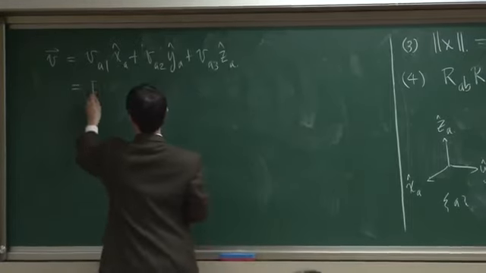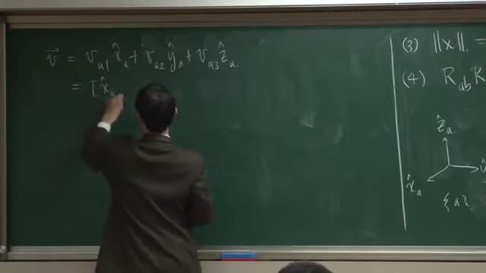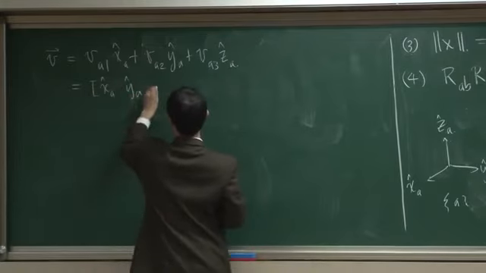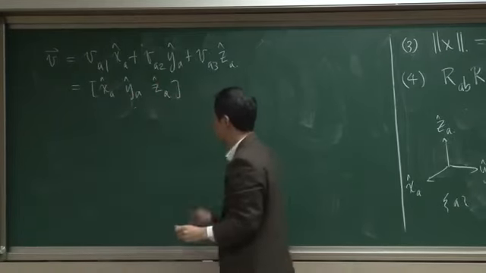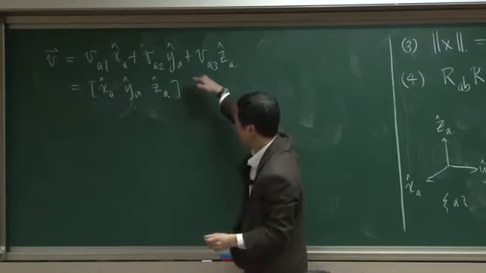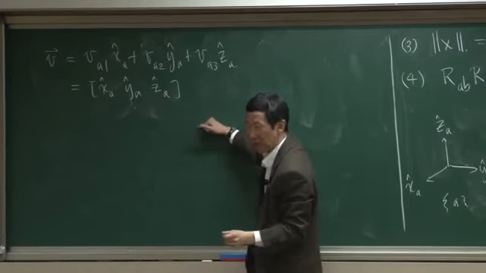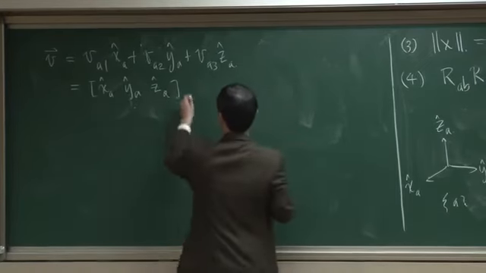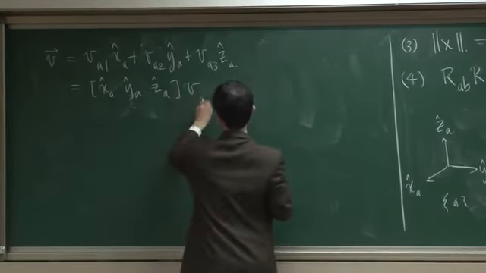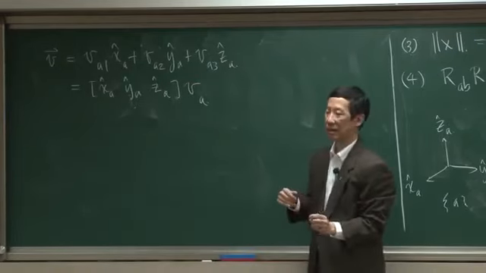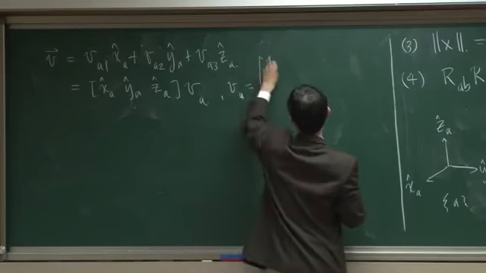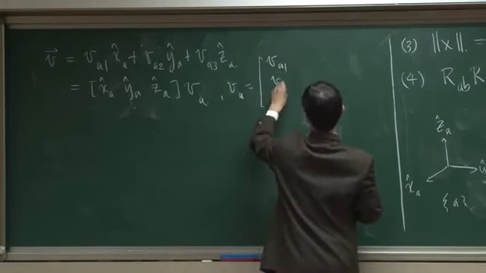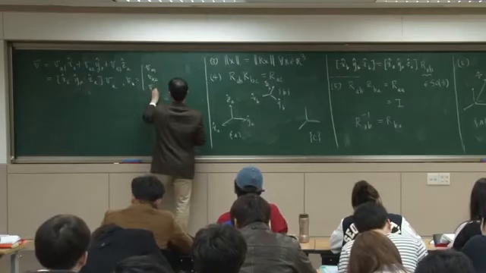I can write this as XA YA ZA times this column vector VA1, VA2, VA3. Let me call that V sub A. So V sub A is VA1, VA2, VA3.